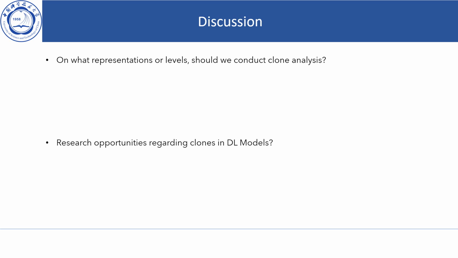However, whether we can do similar tasks within deep learning models with the clones detected. For example, could we detect the adversarial attack with clone analysis instead of the ineffective transfer attack? How to use the similarity to interpret the deep learning models? Can we reuse the clones in the models to improve the maintainability?